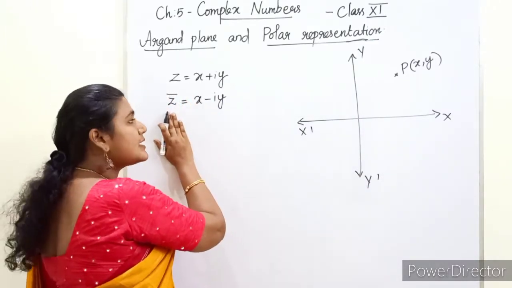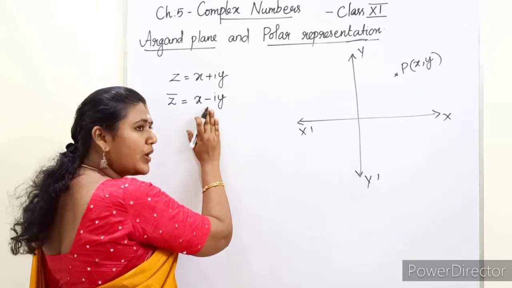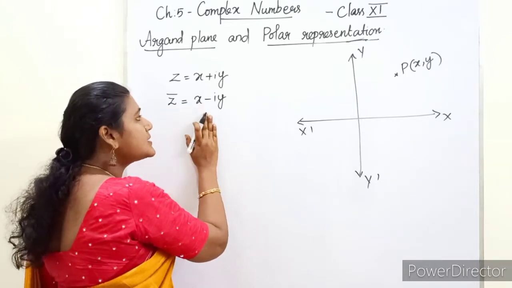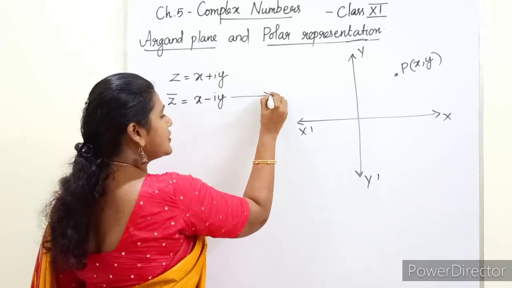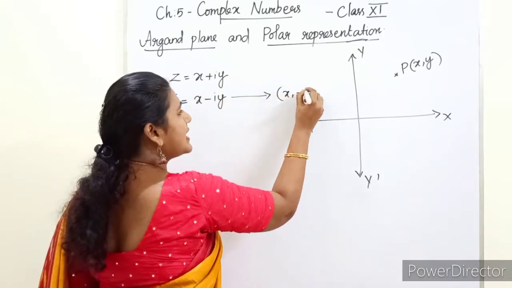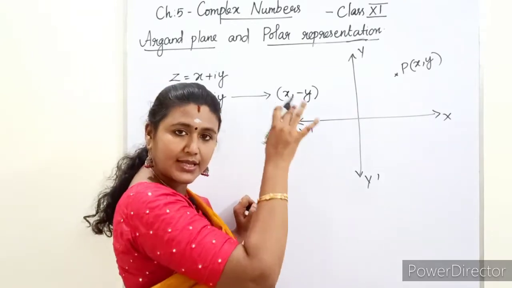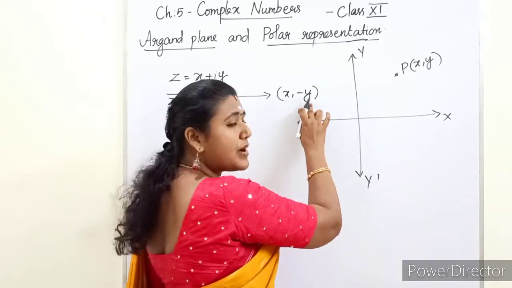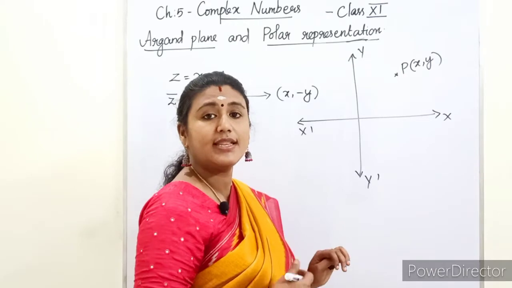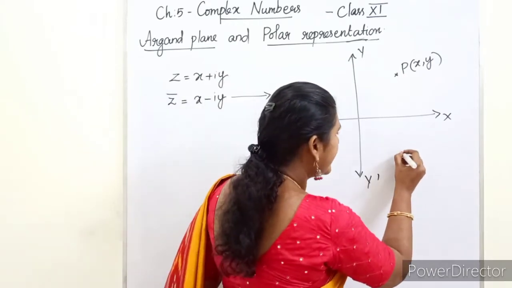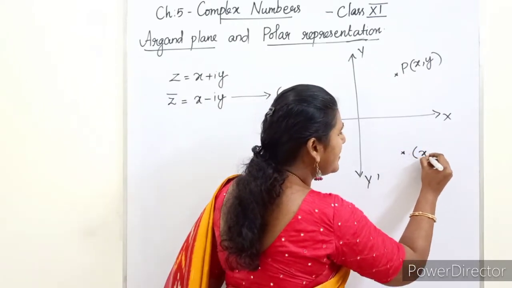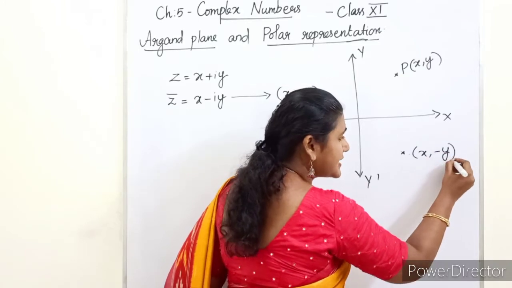If you consider the conjugate x minus iy, the ordered pair that corresponds to this conjugate is x comma minus y. So where will you mark this point x comma minus y in the Argand plane? This will be in the fourth quadrant, that is here, exactly here. Here only we will mark x comma minus y.